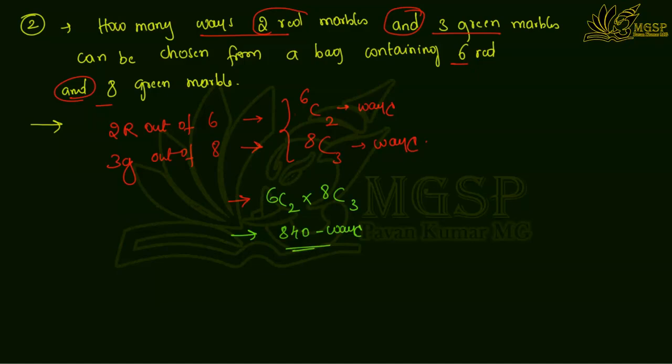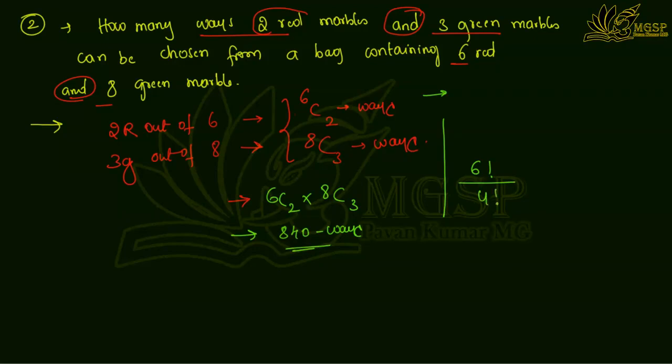Here you can see there is a trick you can use. You can solve individually and multiply, or directly multiply. My suggestion is to do it like this: 6 factorial divided by (6 minus 2) factorial, which is 4 factorial.